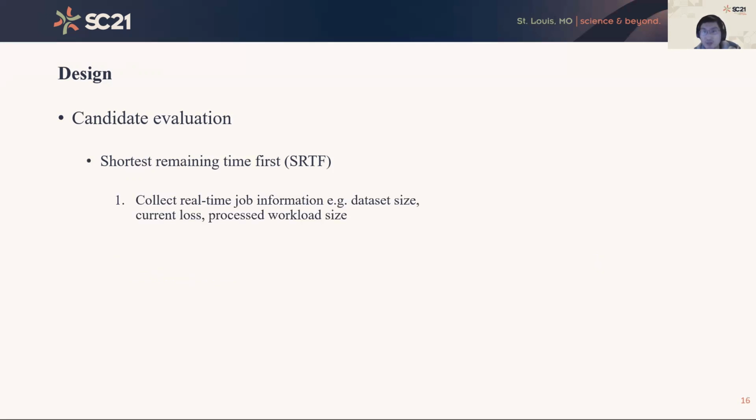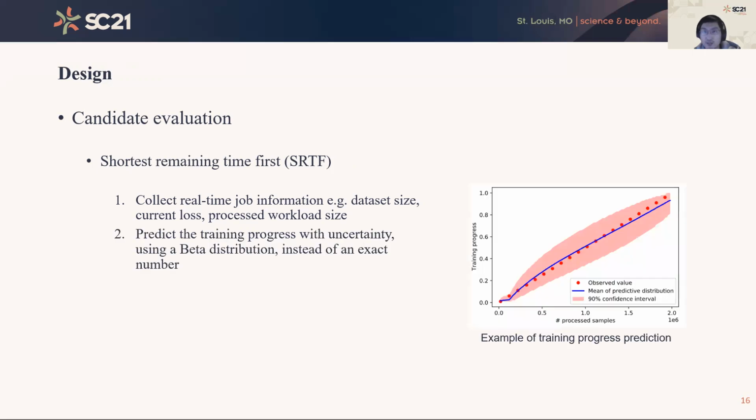We collect the real-time job information such as dataset, current loss, and processed workload size, and predict the training progress with uncertainty using a beta distribution instead of an exact number.